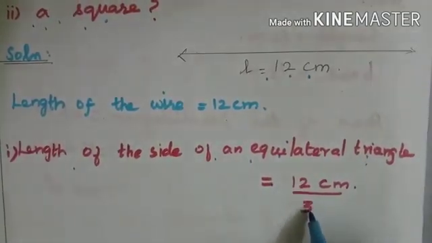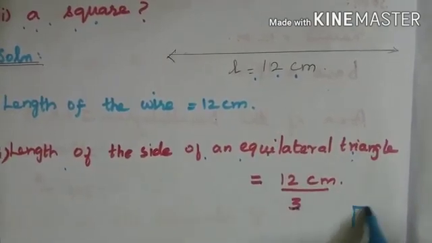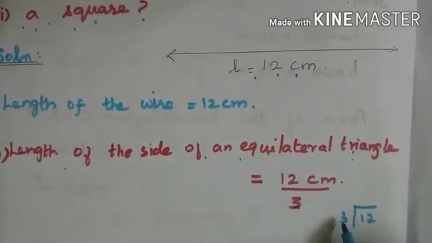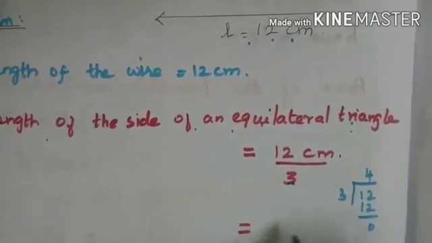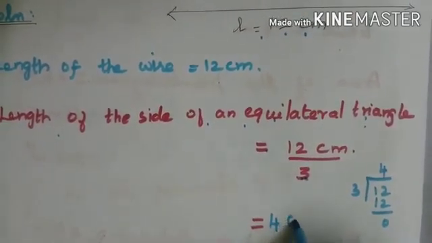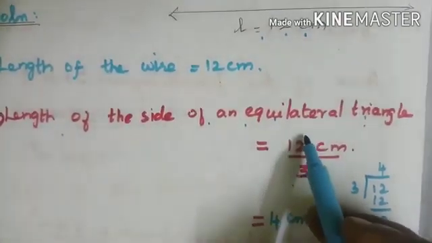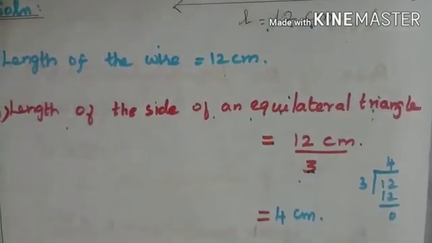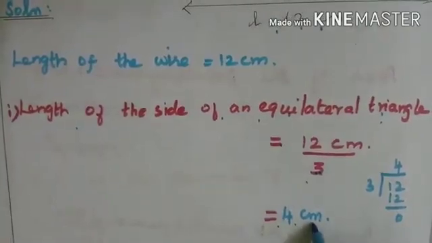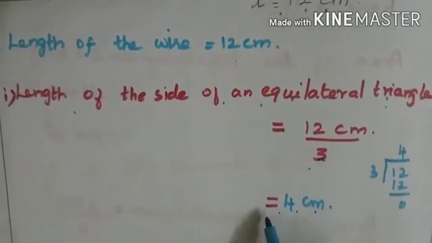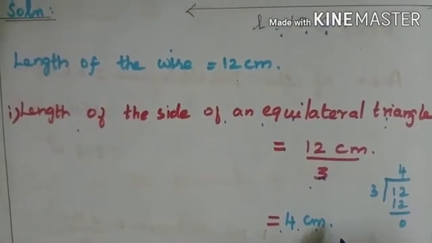Now 12 centimeter divided by 3 equal to what? 4 3s are 12. Therefore the answer is 4 centimeter. Therefore the length of the side of an equilateral triangle is 4 centimeter. So one side it will be 4 centimeter, other side 4, and the third side also 4 centimeter.